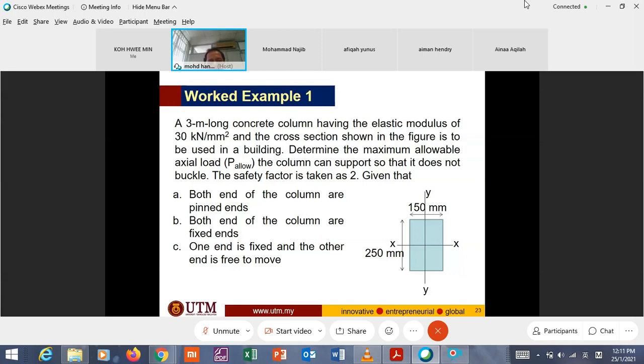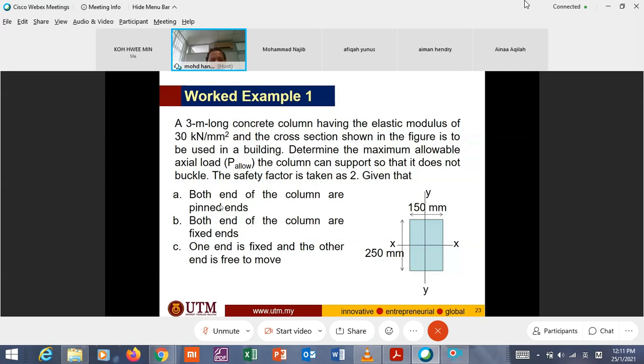The allowable is normally limited to maybe half or 75% of the buckling load. It is for safety margin.